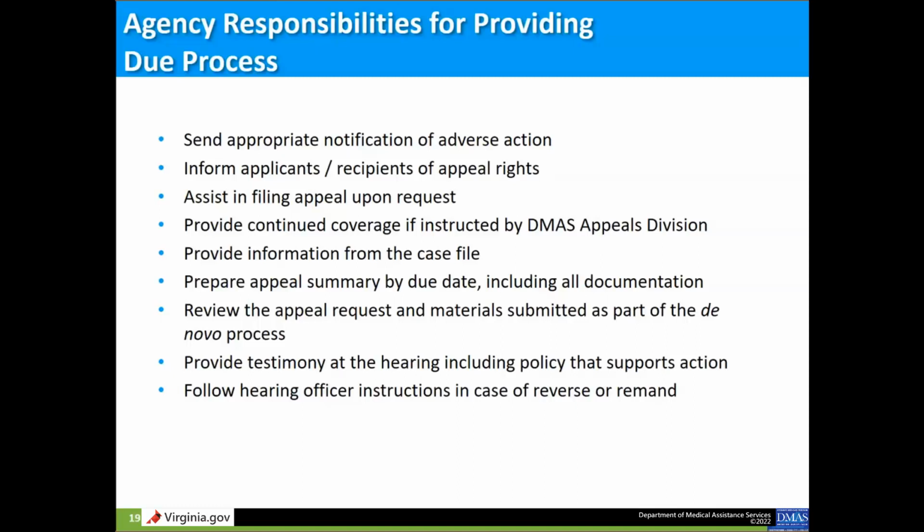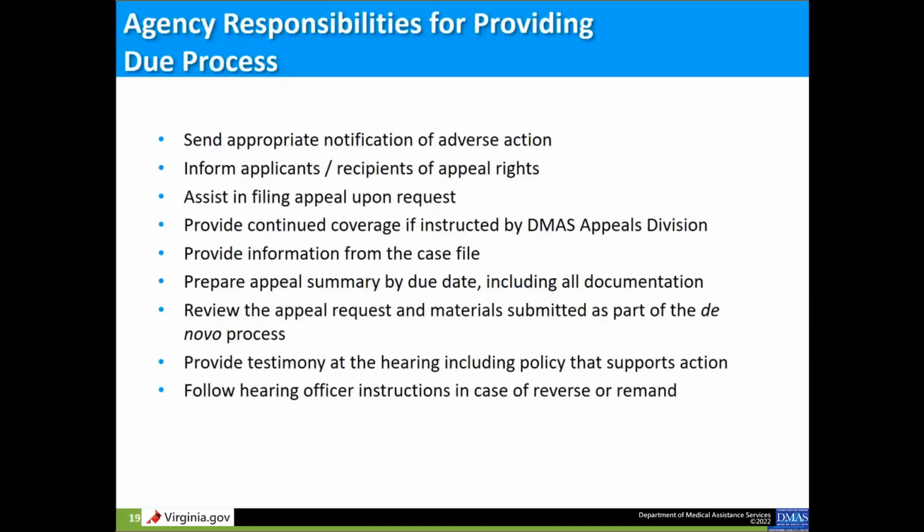Crucially, the agency must participate in the appeal hearing itself by designating an agency representative. The representative should be an individual with detailed knowledge of the appellant's case and is preferably the eligibility worker who took the original action and has reviewed any new documentation.